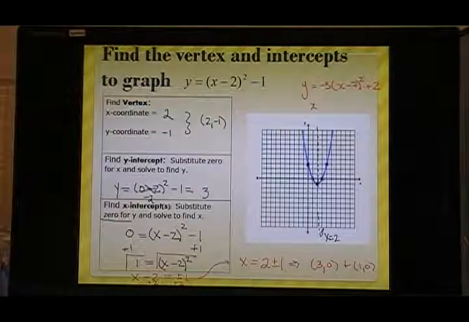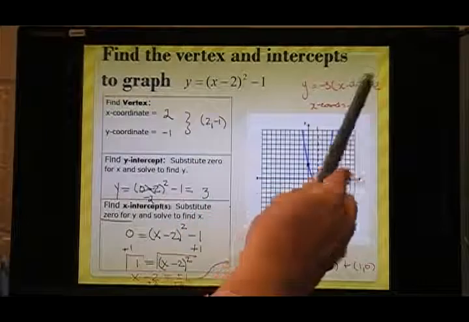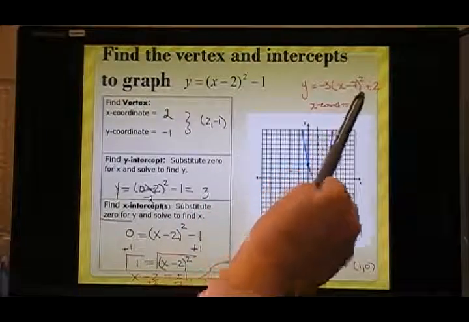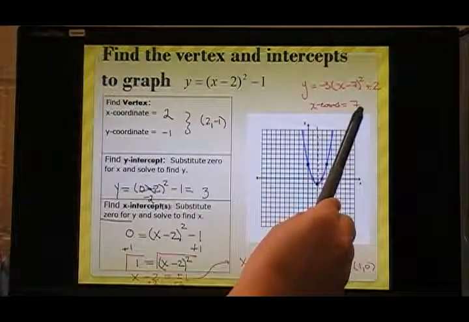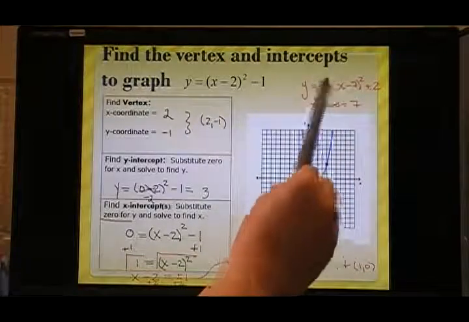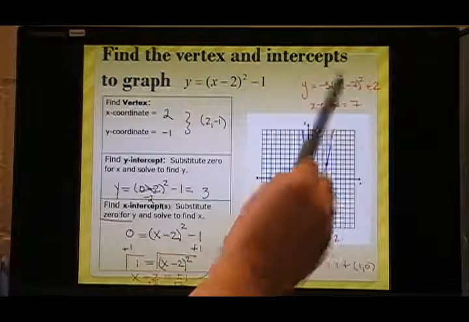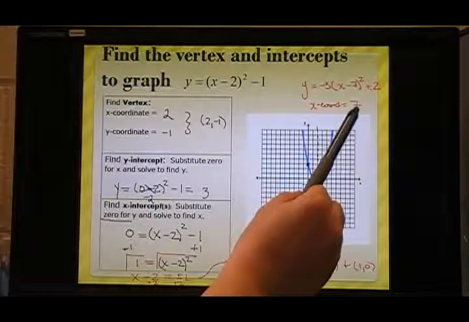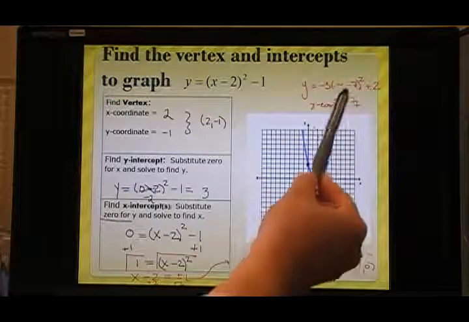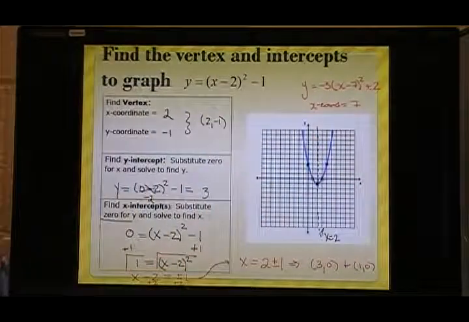The x-coordinate of the vertex is 7. It's the number that makes the inside of the square part equal 0, and 7 minus 7 equals 0, therefore that's the x-coordinate. Having a number in front or a negative in front doesn't do anything to change that. It's the number that makes the inside of the parentheses equal 0.